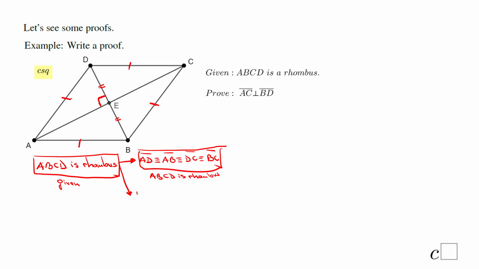DE, like I said, is congruent with EB, and also AE is congruent to EC. And what's the reason for this property? Diagonals bisect each other.